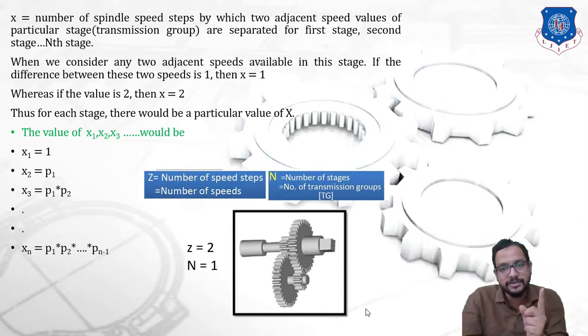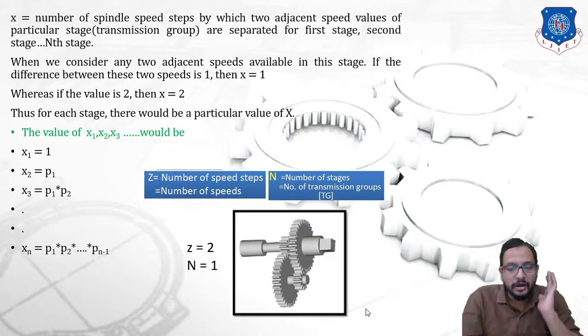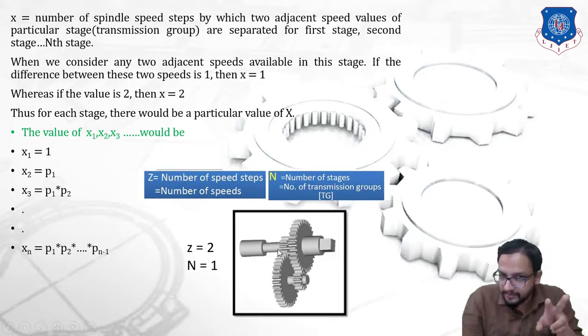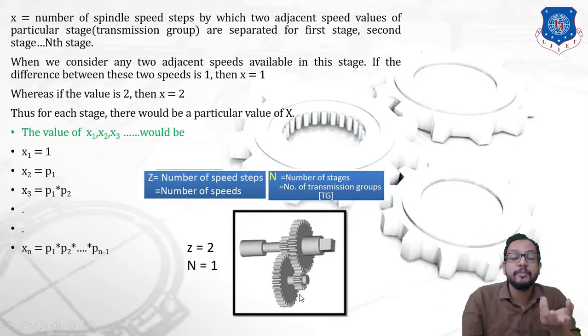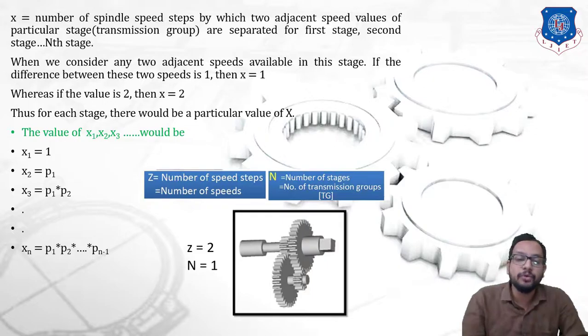Power is transmitted from the input shaft to the output shaft. Next, how many speeds are available? There are two gears on each shaft, which means two different speeds between these two shafts. So Z will be equal to 2 and N will be equal to 1.